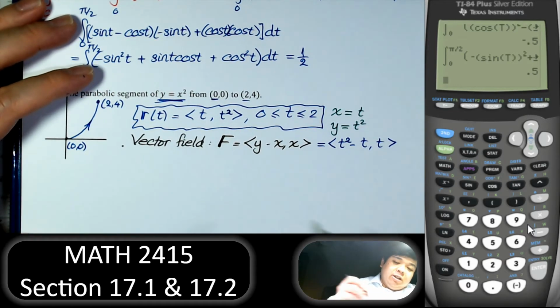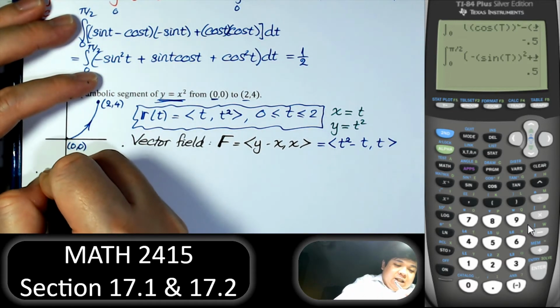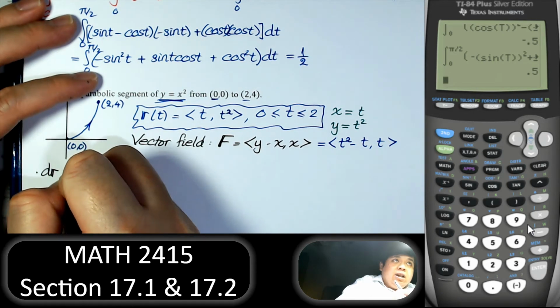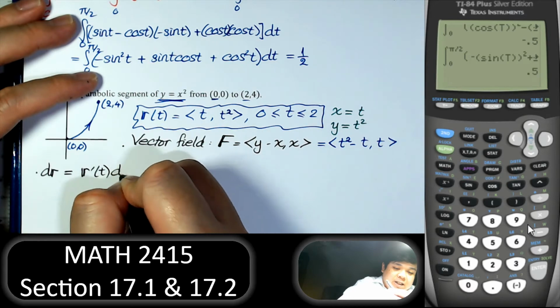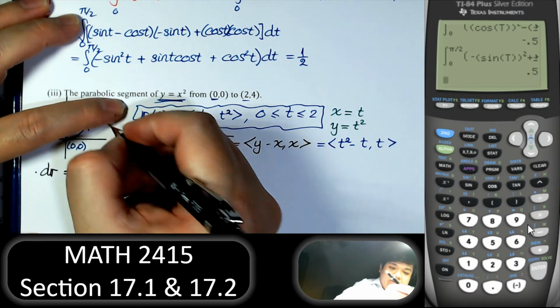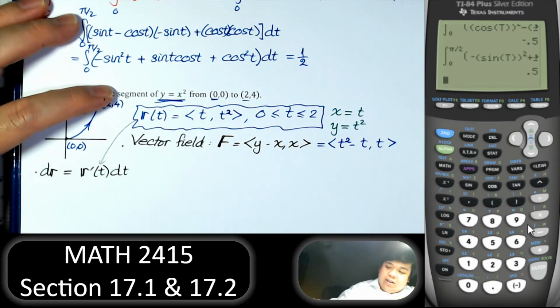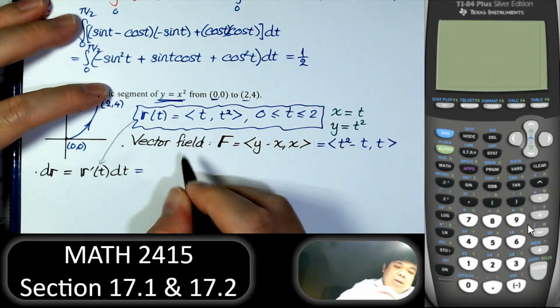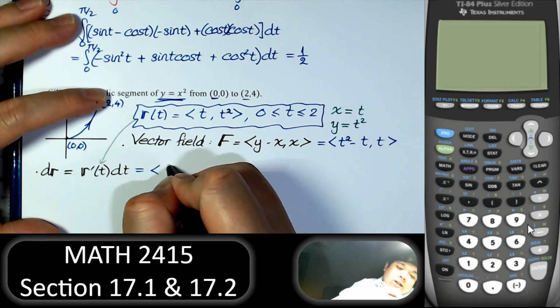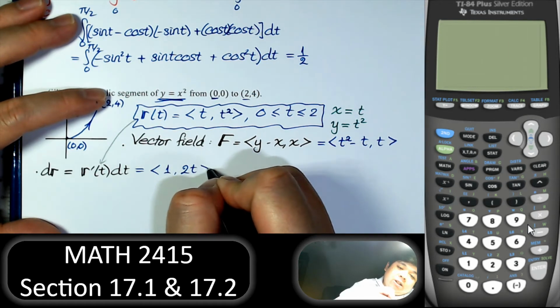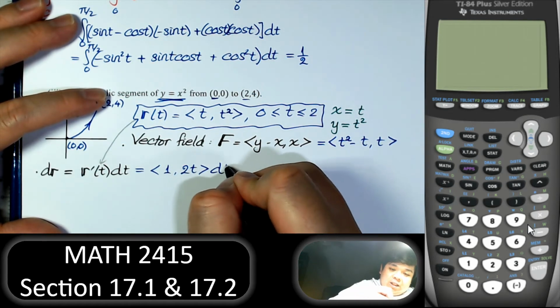That's the vector field. And next, dr. dr is the derivative times dt. We have the vector field, now we take the derivative. From the parameterization, just take the derivative. It's going to be 1 and 2t, dt.